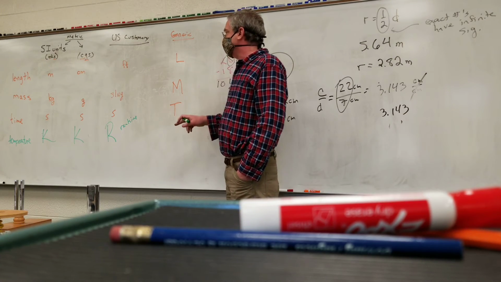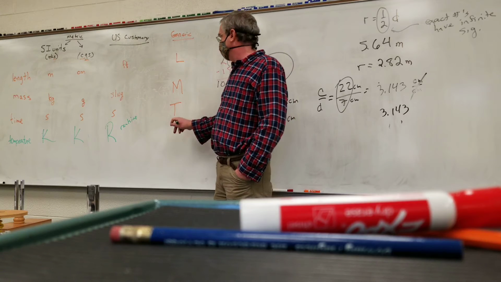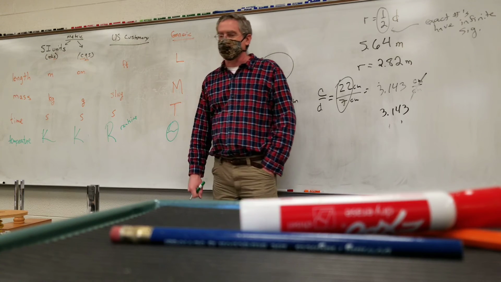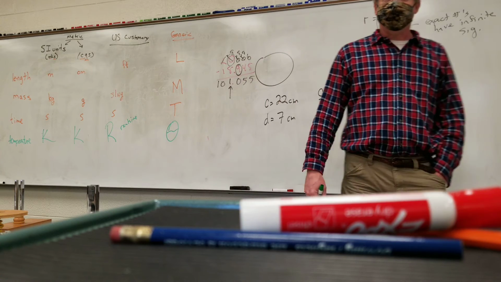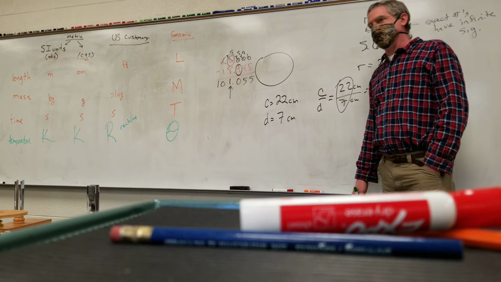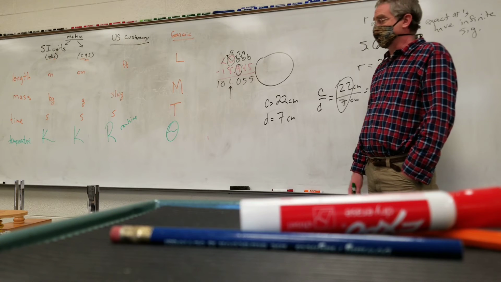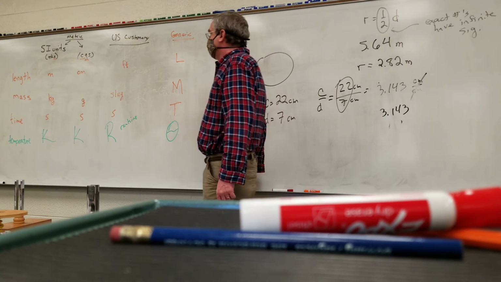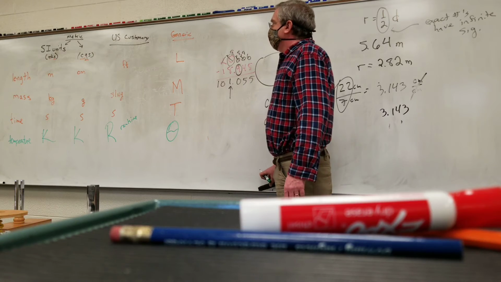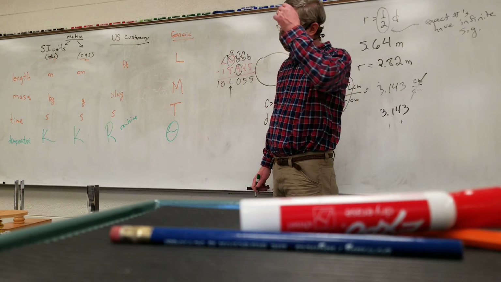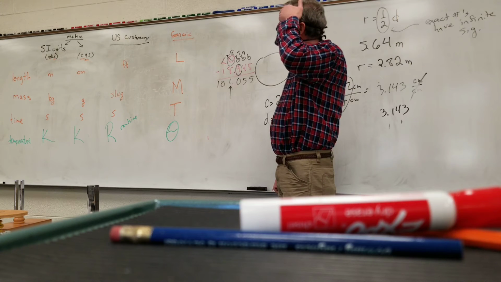And then the generic for temperature, since capital T was already taken, theta typically is it. If in doubt, go to the Greek alphabet. What begins with a T? They could have gone, I guess, for tau. Those are basically the four that we use in this course. There's seven of them, but those are the four we use.